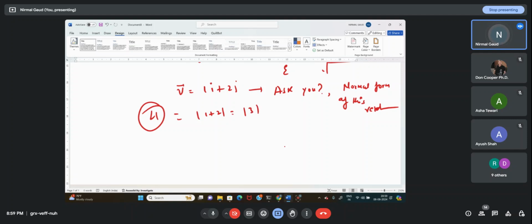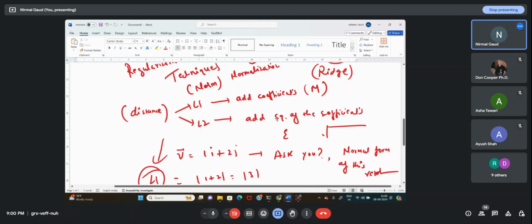Now to represent it in normal form, the answer is 1i plus 2j divided by 3, or it can be written as 1 upon 3i plus 2 upon 3j. This is the normal form. So just add the coefficients, divide. That's the normal form according to L1.